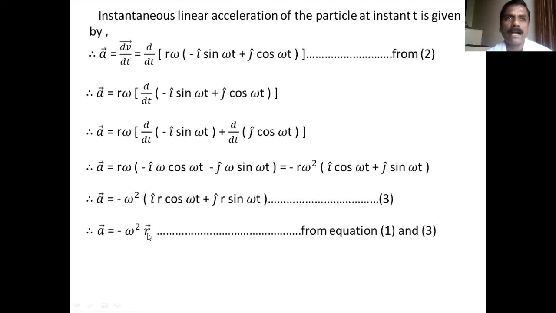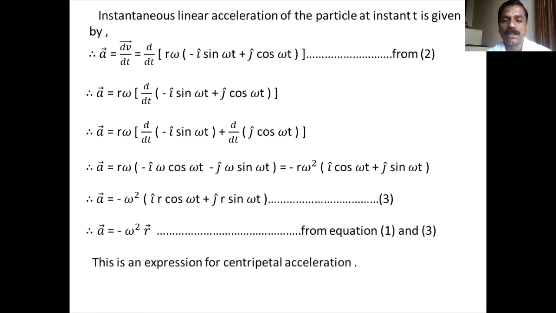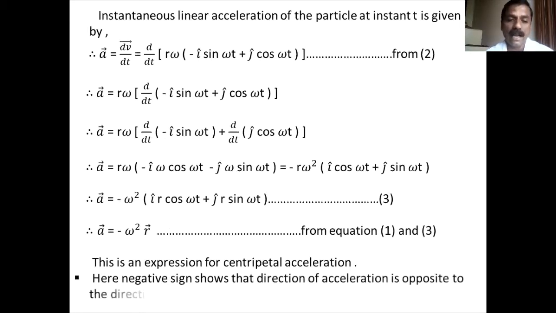So if we put this value of the position vector here from equation 1, then you will find this is the final equation for the centripetal acceleration. So this is an expression for the centripetal acceleration. The negative sign indicates that the direction of the acceleration is opposite to the position vector.